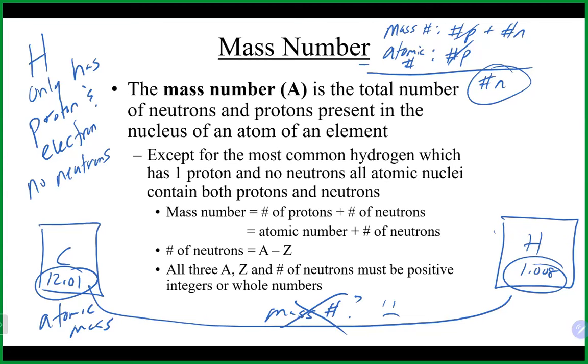But as we'll talk about in a later chapter, the atomic mass is actually found by taking the average mass of different naturally occurring isotopes. Again, the very common confusion is that the mass number and that number are super close. But again, you do not get the mass number from the periodic table. Any questions on that?